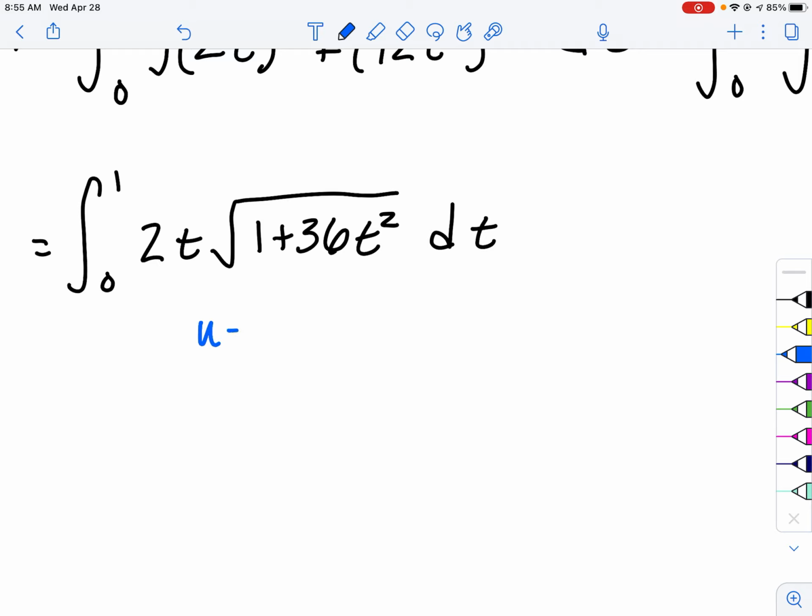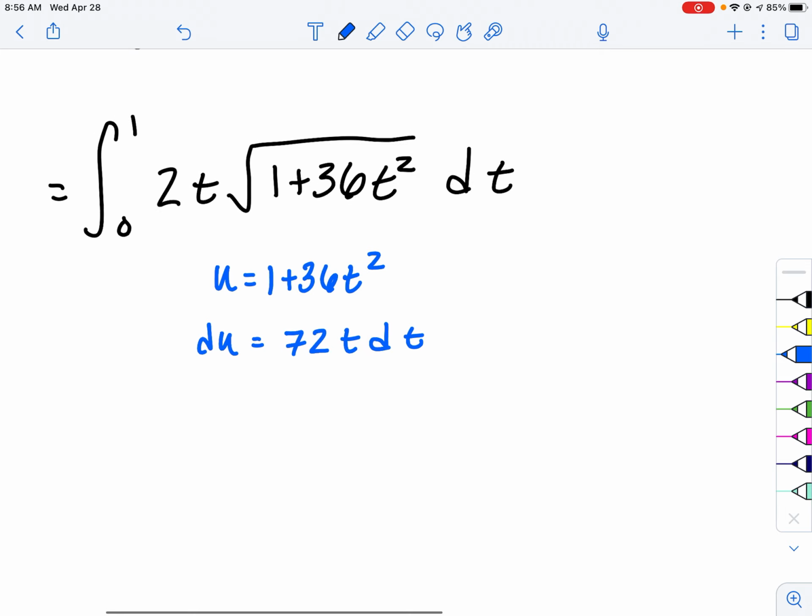Now I can use u substitution. u is going to equal 1 plus 36t squared. I'm picking that because it's under the square root, so it's the more complicated part of the problem, and I definitely want to get rid of that if I can. Then if I take my derivative, du is going to be 72t dt. So I want to get 2t dt if I can.